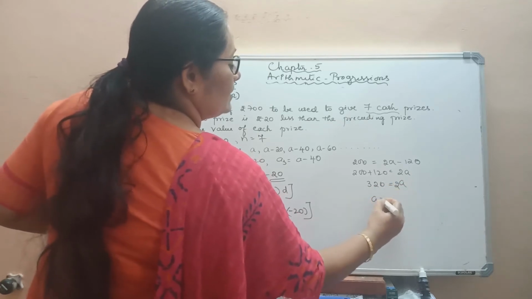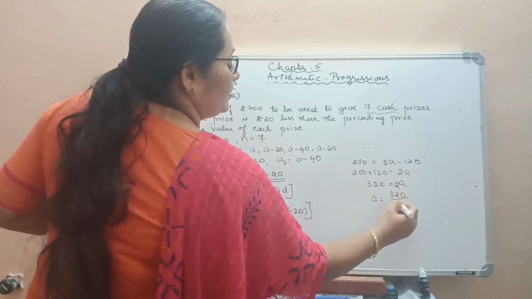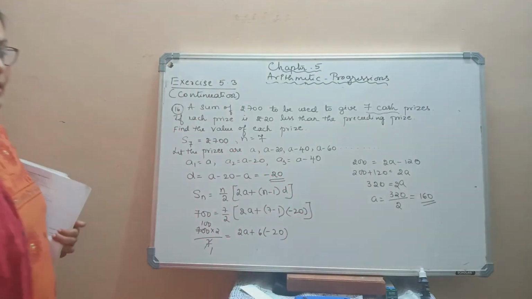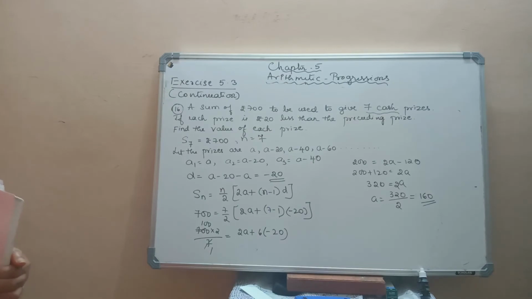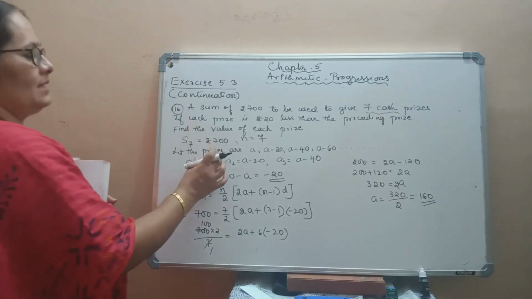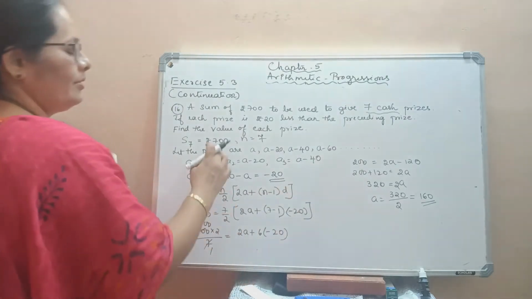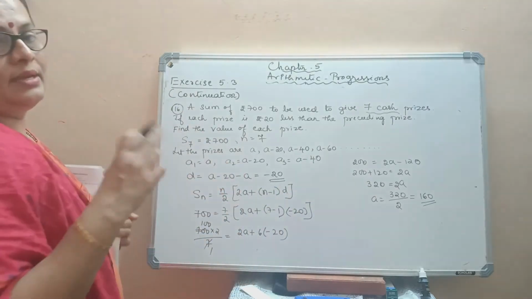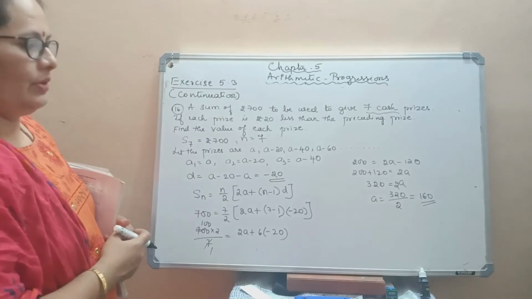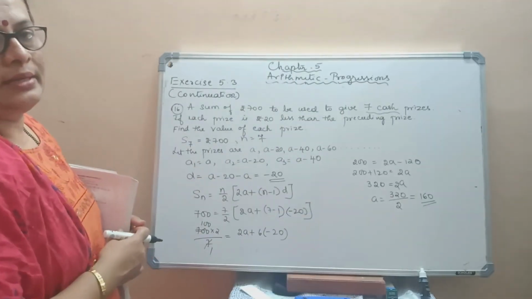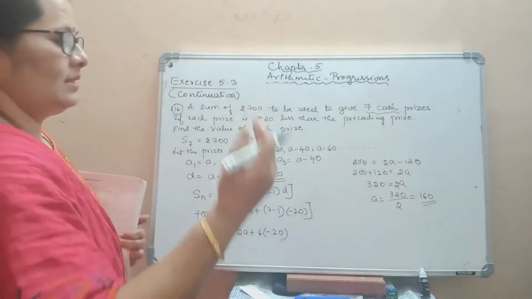So A equals 320 by 2. 2 ones are 2, 2 sixes are 12, so 160. Okay, so the A value is 160. That is the first prize, costing rupees 160. So what will be the next one? 160 minus 20, that is 140. The third prize is again 140 minus 20, 120, like this.